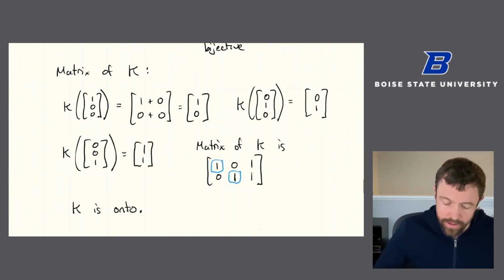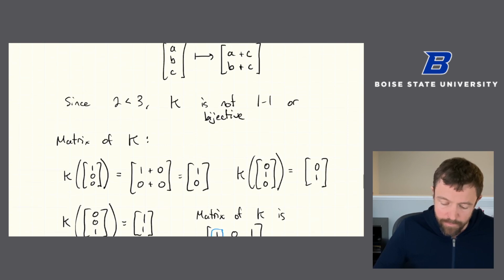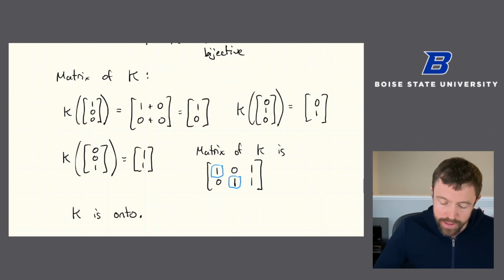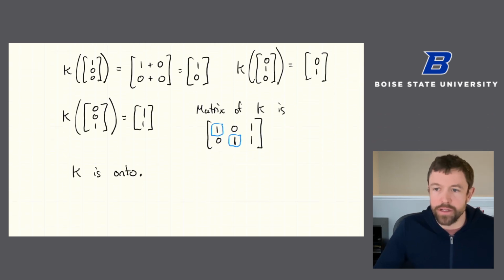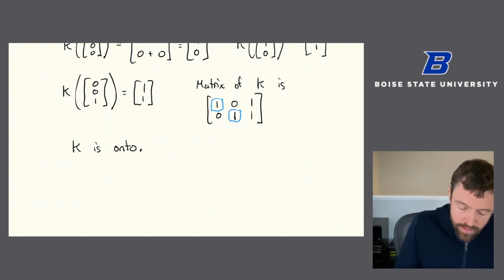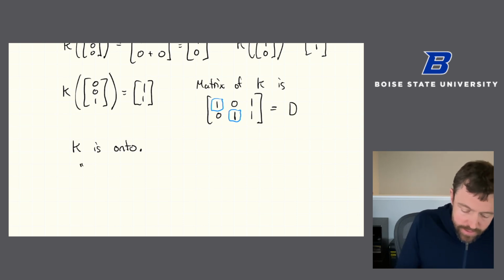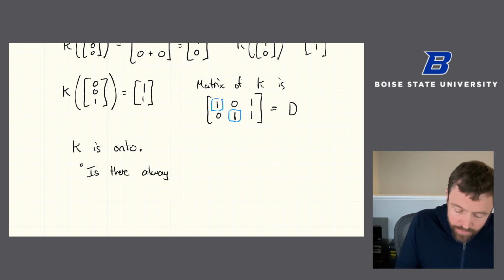Let's do the same thing here, where we're trying to see if this thing is onto. We're trying to check if K is onto. Another way of asking that, so let's call this matrix D, is there always a solution to something like D times V equals B?